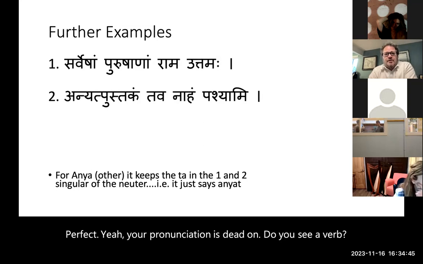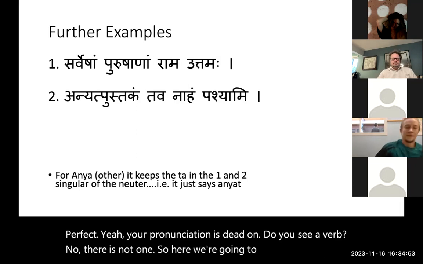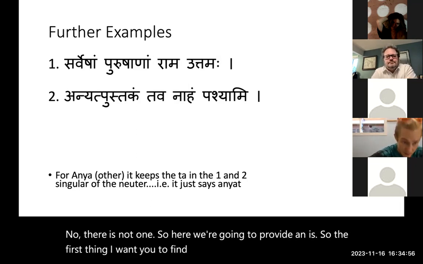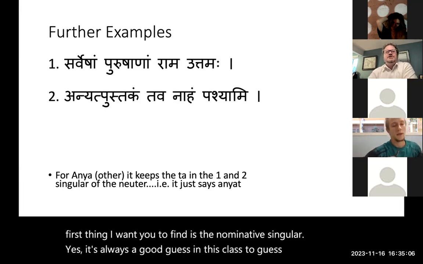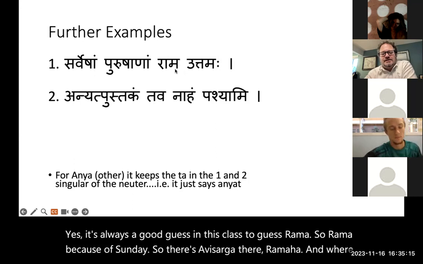So here we're going to provide an is. So the first thing I want you to find is the nominative singular. Is that Rama? Yes, it's always a good guess in this class to guess Rama. So Ramaha, because of sandhi, there's a visarga there. Ramaha, and where's the other nominative singular?